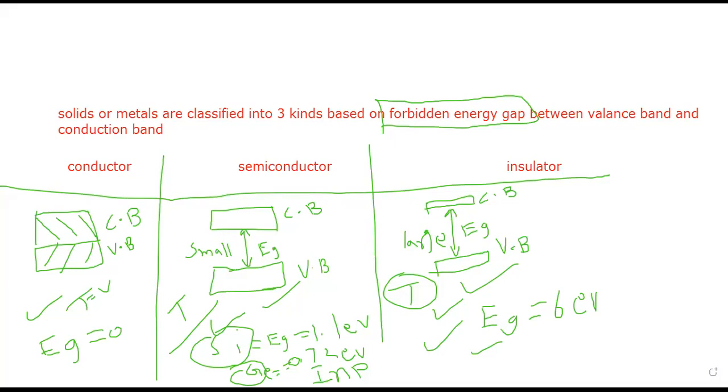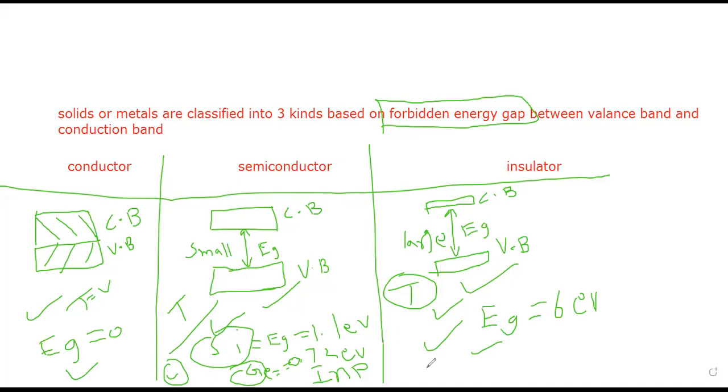Next, conductors are used to make electrical wires. Semiconductors are used to prepare solar panels and electronic devices like LED, photodiode, computer switches. All the electronic devices are based on semiconducting technology.